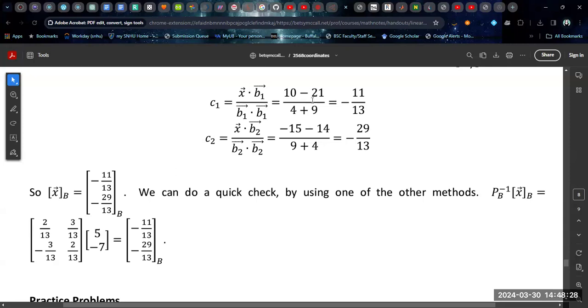Now, this calculation was a lot easier than finding the inverse of this matrix by hand, and certainly the bigger your matrix gets, the more computationally efficient this procedure will be. But again, this procedure only works if the vectors in the basis are orthogonal to each other. If they are not orthogonal, then this process will not work.